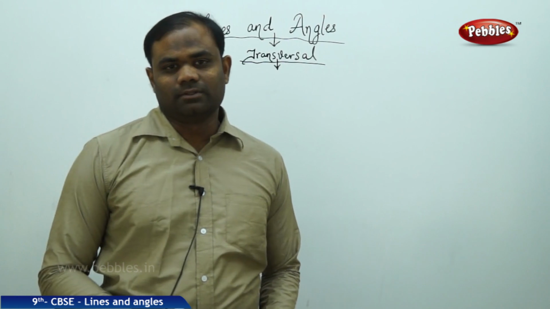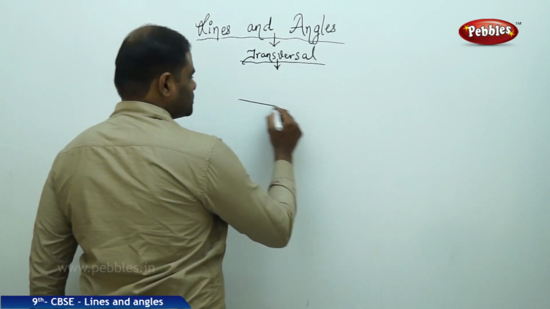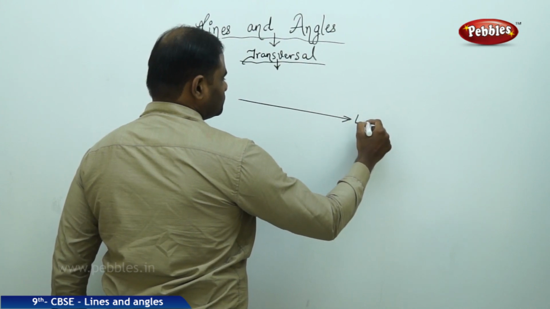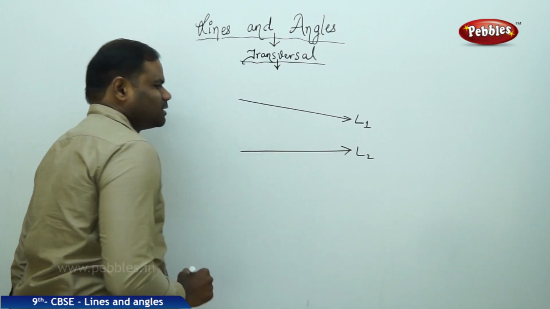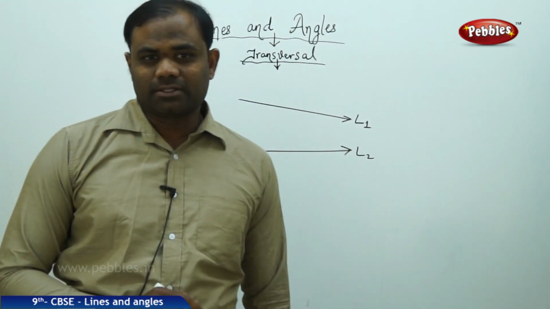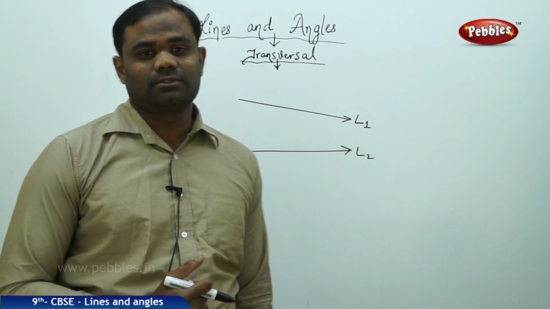What is transversal? As we see, imagine I have two lines L1 and L2. Any line which intersects L1 and L2 at two distinct points is called a transversal.